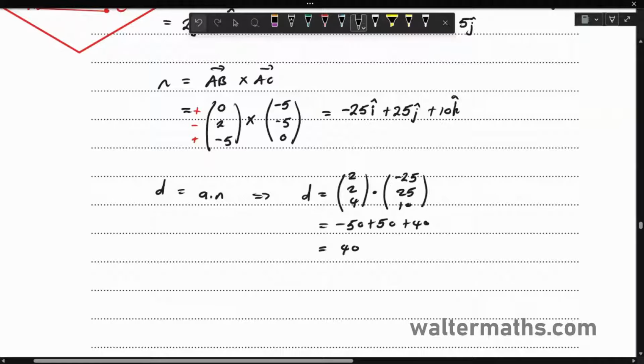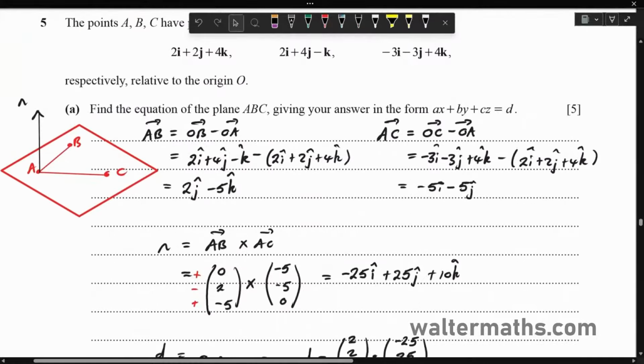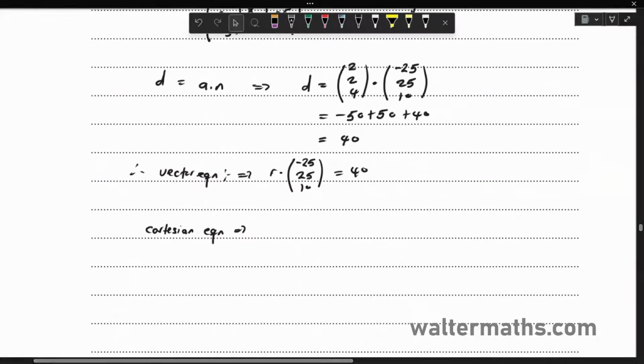Therefore the vector equation is r dot minus 25, 25, 10 equals 40. The question says it has to be in Cartesian form, so that's minus 25x plus 25y plus 10z equals 40.